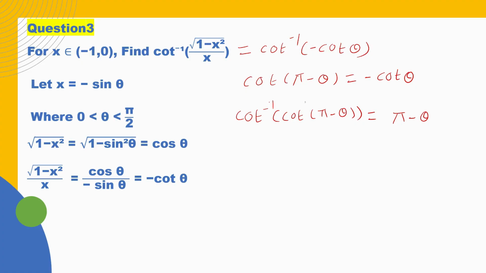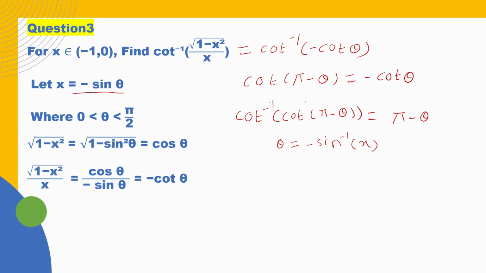Now let's come back to here. We have substituted x equals minus sine theta. So that is why we can say that theta is equal to minus sine inverse of x.